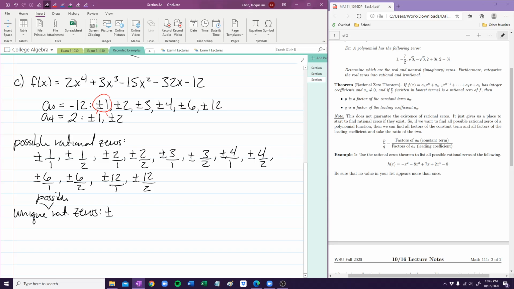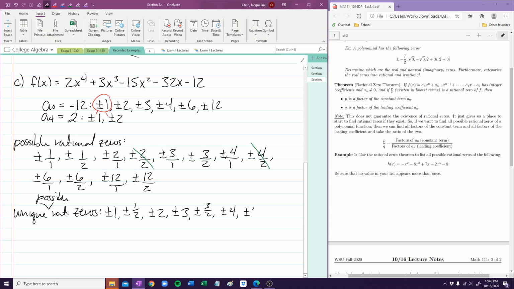I have plus or minus 1, plus or minus 1/2, plus or minus 2. This 2 over 2 is repeated, so I don't have to do that. Then I have plus or minus 3, plus or minus 3/2, plus or minus 4. Again, plus or minus 4 over 2 is just 2. We already wrote that, so we don't have to rewrite that one.